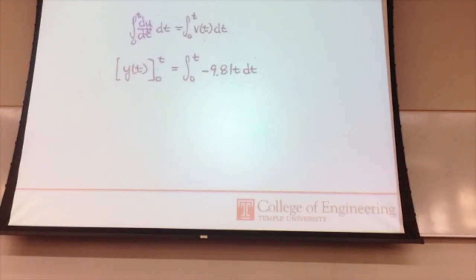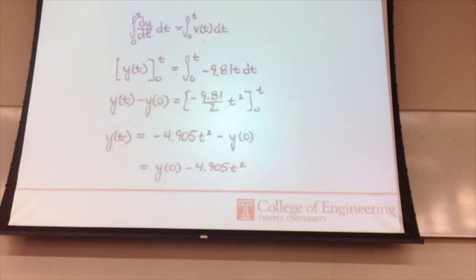Remember, the integration of any variable raised to a power is simply to increase the power by 1 and then divide by it. So t to the 1, integrate that, t squared over 2. The integral of the derivative is simply the function. So when we evaluate this integral, we get minus 9.81 over 2 times t squared, and we evaluate this from 0 to t.